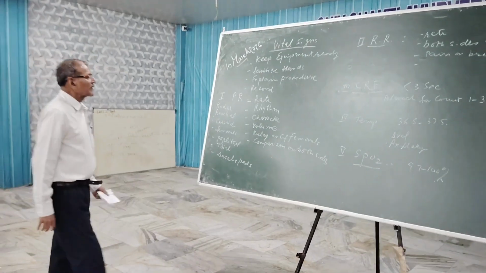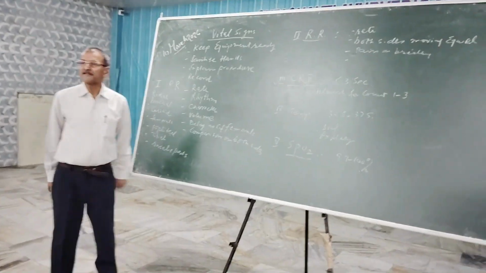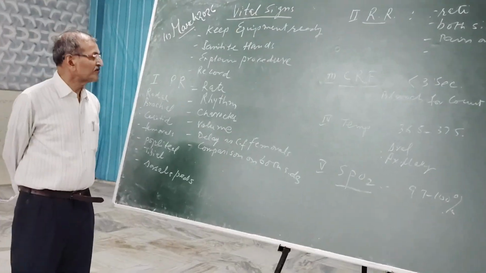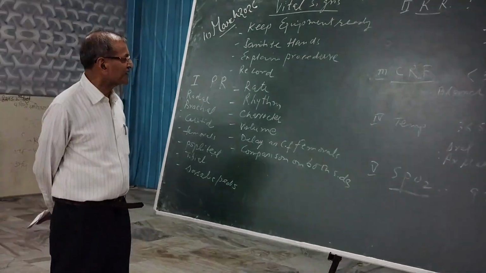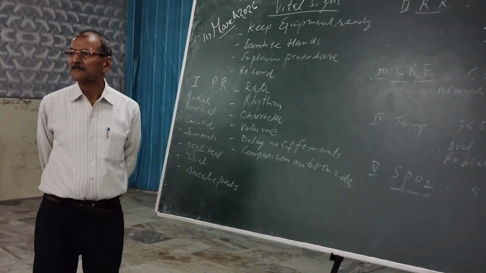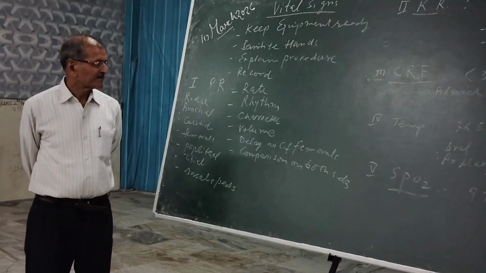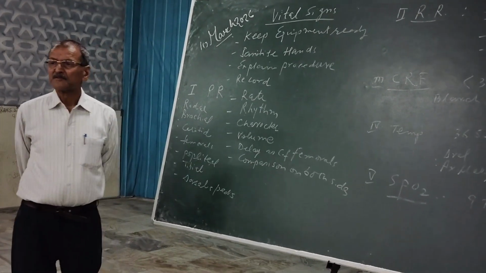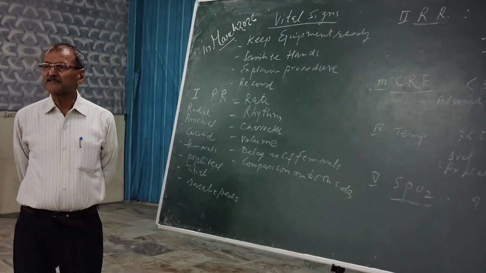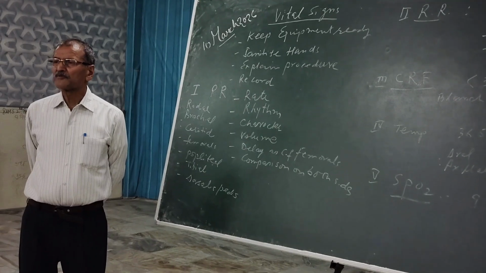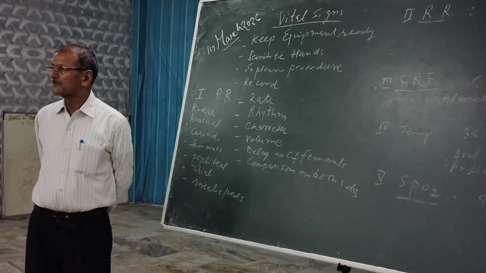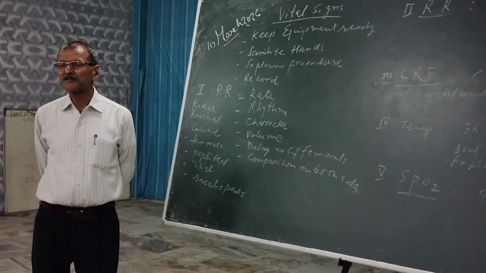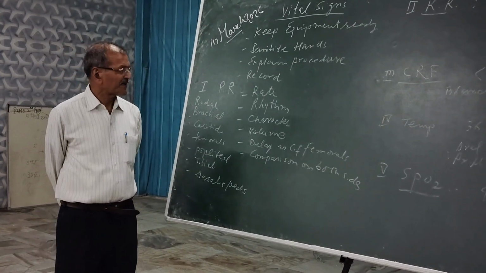When you are calculating the pulse, you will note down first the rate of the pulse, and what is the rhythm, the character, volume, and whether there is a delay from the femoral, and on both sides is it the same or there is some difference, right?